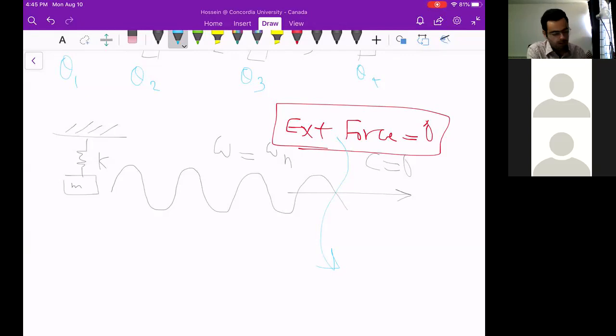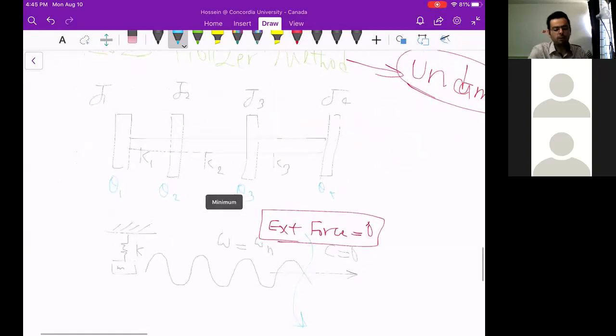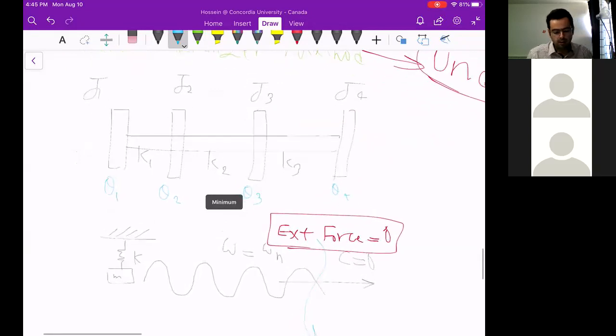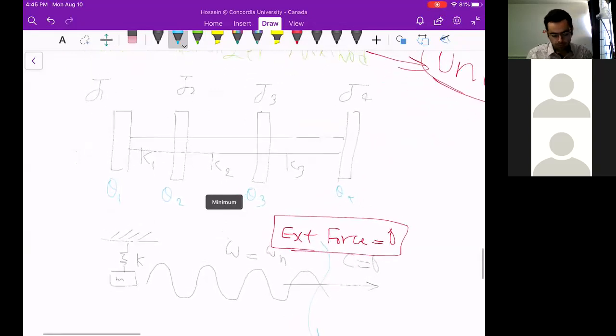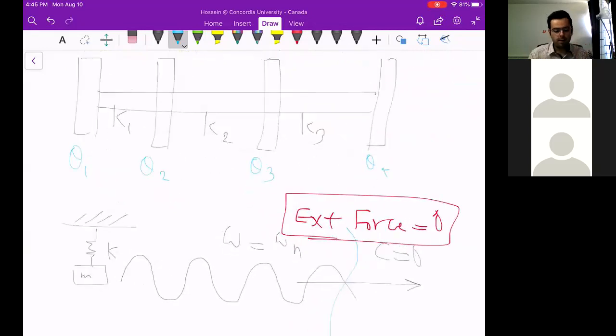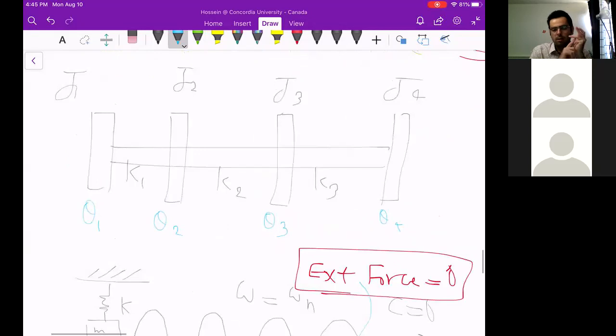So here we want to find the natural frequency for a torsional system containing 4 disks, taking advantage of the Holzer method. In order to apply the method, you have to have the formulation for theta 1, theta 2, theta 3, and theta 4, and relate them to torque 1, torque 2, torque 3, and torque 4.